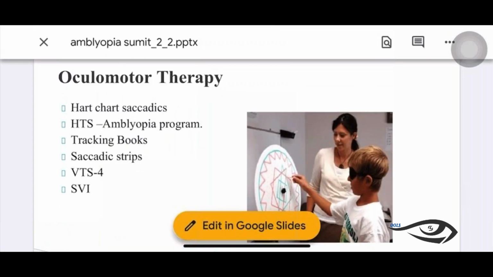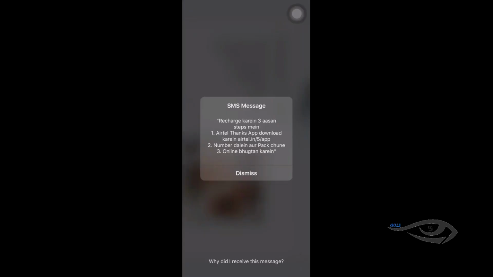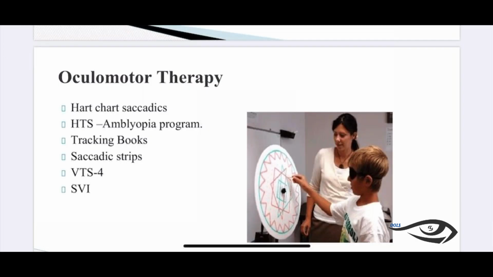Then there is something called oculomotor therapy, and you can give that oculomotor therapy through the Hart chart. There is a software called Amblyopia iNet, so you can use that software also to develop the oculomotor skills. Then there are some tracking books which you can use to develop the oculomotor skills, like saccades and pursuits.